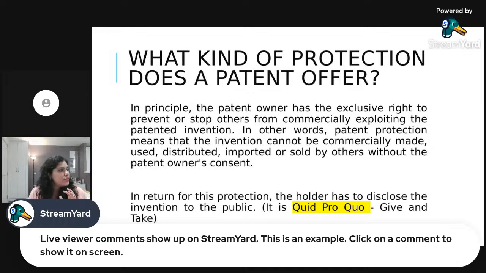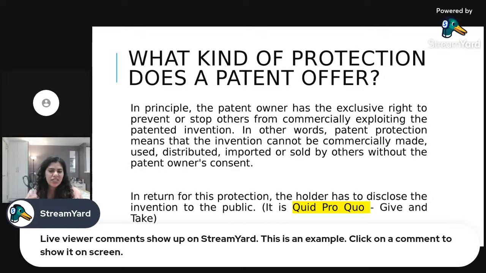What kind of protection does a patent offer? It will give you a certain number of years of protection, which means that if I am getting protection over this certain scissors, then that would last for 20 years, which means that for 20 years, nobody else in the competing industry can make a safety scissors like me, which means that I can inflate the prices of these scissors and I can sell it in the market at a price which I want, because there's nobody competing with me.